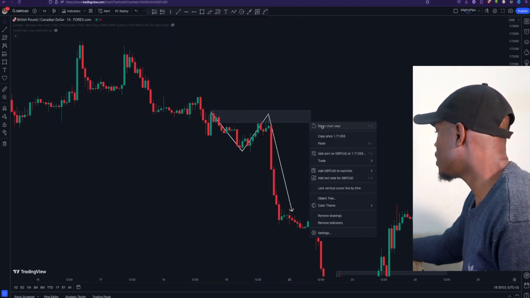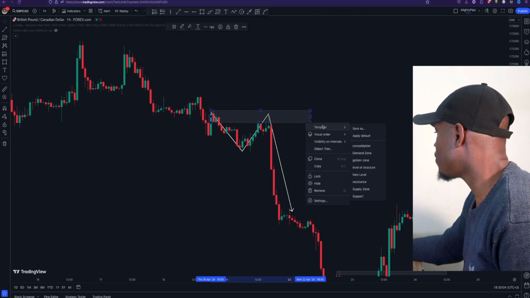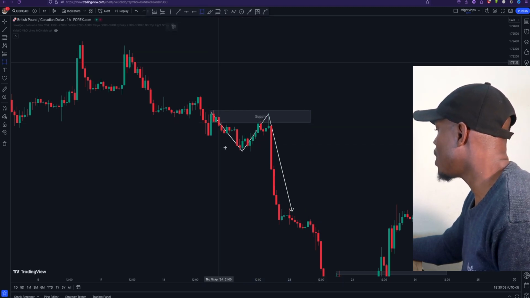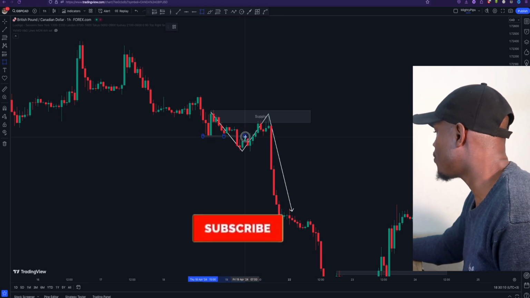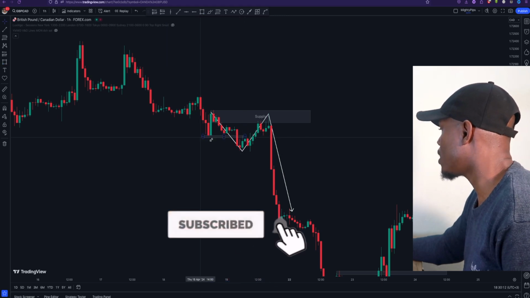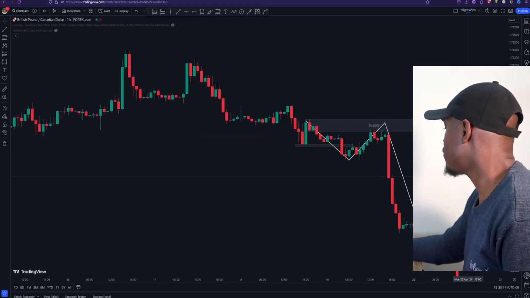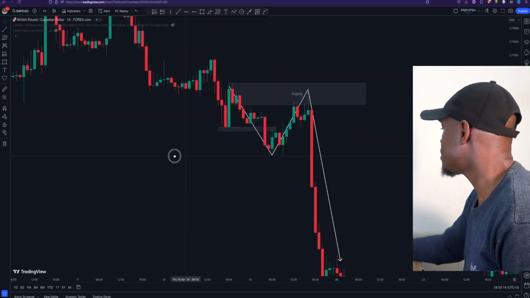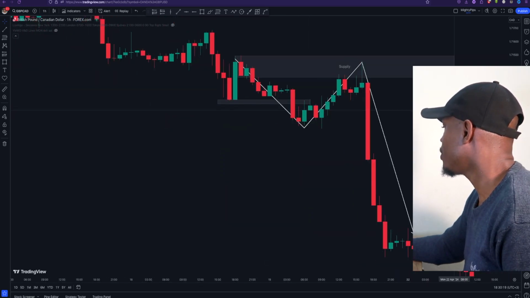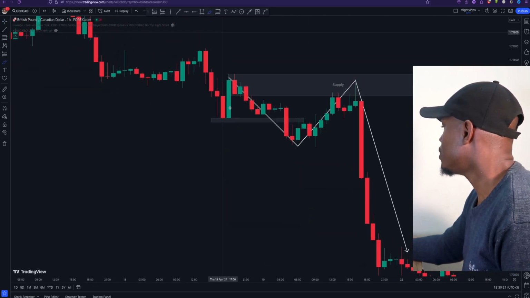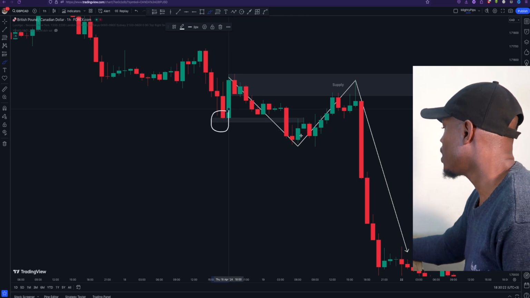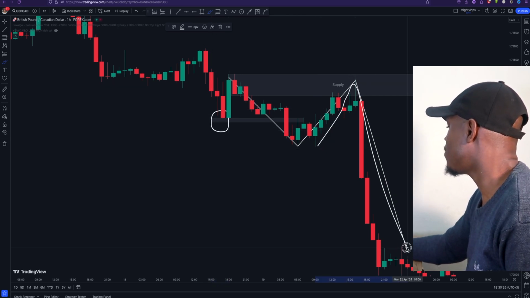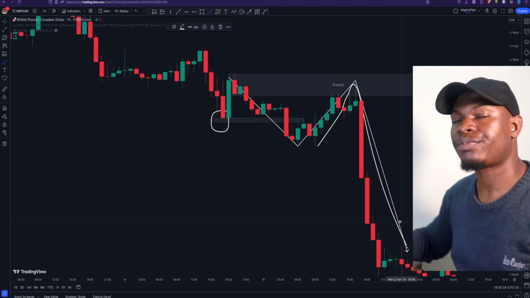Okay, that area becomes your supply once the price has pulled back into it. But remember, you have to wait for price to first break previous lows. Okay, like here, price breaks a previous low like this. Let me show you. Okay, this is the previous low which was broken before price went back to supply and then picked up more orders and sold off.